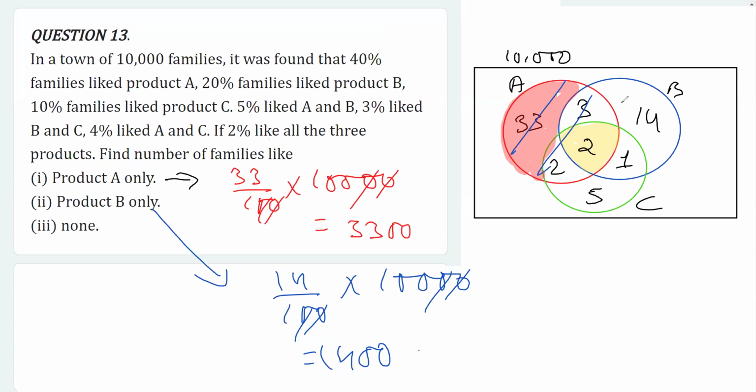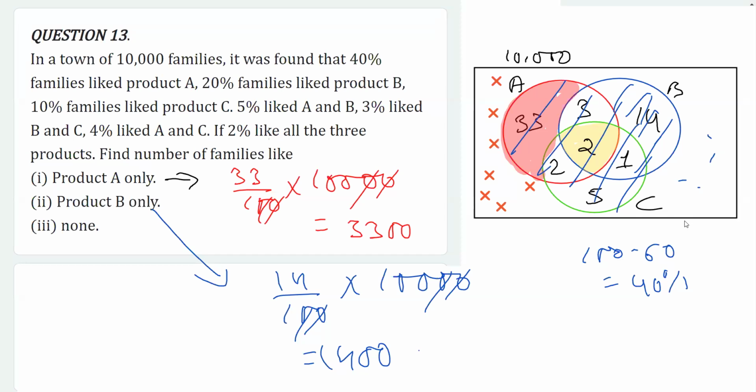So including all of this is 60. So the remaining will be these only. This is 60, so 100 minus 60, that is 40% of the people who like none of these products. By none of these products, I mean the region which is not included in any of them, that means this one. This region includes none of them, which is 40%.